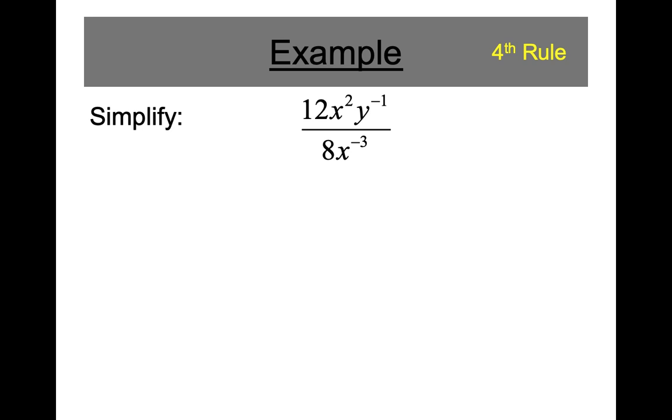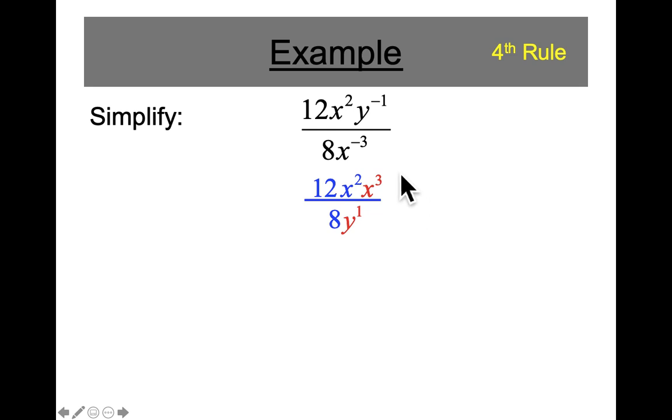All right. Let's look at this one. This is another example. This shows that we're going to drive the y into the denominator. So when we do that, then we drive the x to the negative 3 into the numerator.